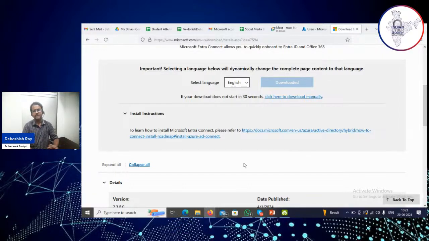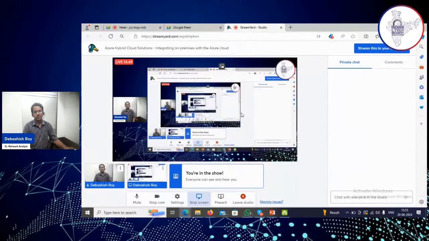So that is the cloud hybrid approach that I discussed, and also the integration, that is the connectivity between the on-premise and the cloud, the Azure AD connector, the Microsoft Entra ID, all these things that I discussed so far.